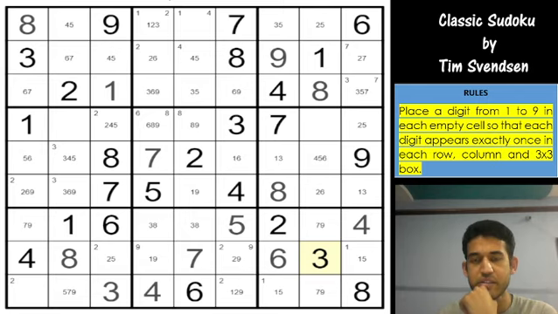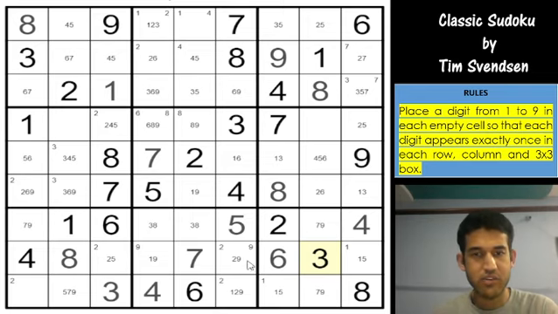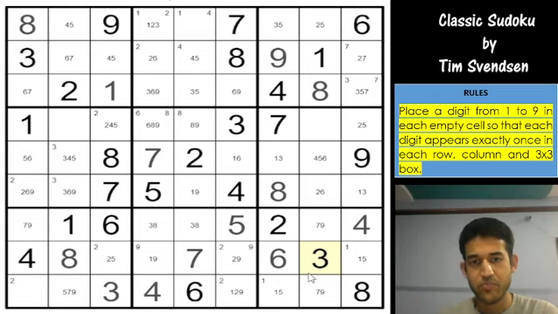There may be some lengthy chain hidden in the grid, guys, because surely with so many bi-value candidates, there's definitely some chain logic that you can see with a bit of intuition.